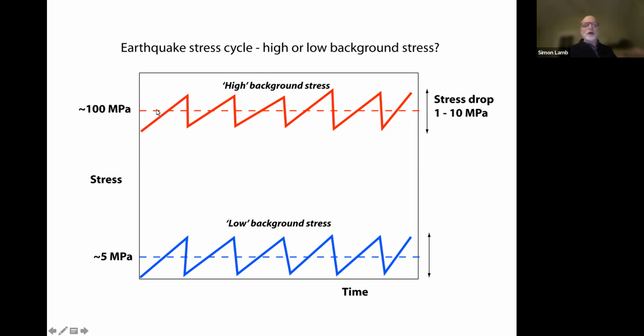So for instance, let's say it could be 100 megapascals, in which case the earthquake cycle would be just really small perturbations on this very high stress level. Or it could be very low, in which case the earthquake cycle is taking everything out of the system and then building it up and then taking everything out again. And you can't tell.